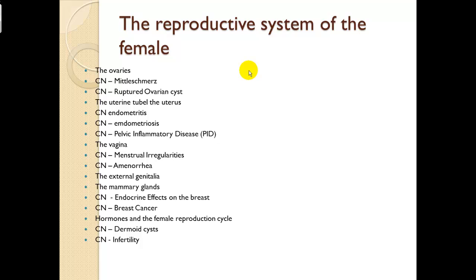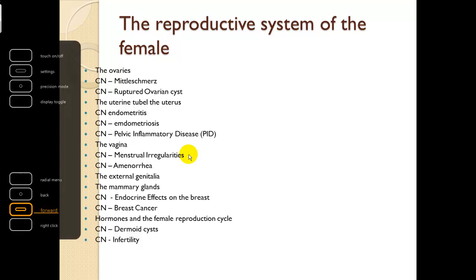Reproductive system and the female, a large area to go over here. Ovaries, Mittelschmerz, ruptured ovarian cyst, uterine tube, tubule and the uterus, endometritis, endometriosis, PID or pelvic inflammatory disease, gross anatomy of the vagina, menstrual irregularities, amenorrhea, external genitalia, mammary glands, endocrine effects on the breasts, breast cancer, hormones and the female reproductive cycle, dermoid cysts, and then infertility in this section.